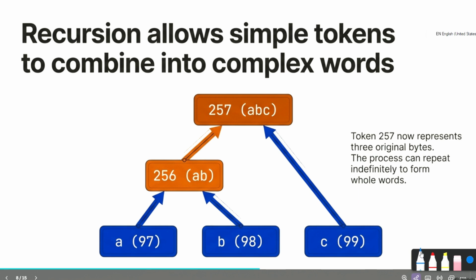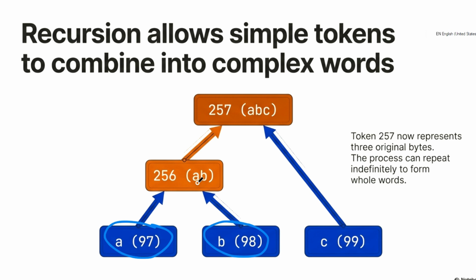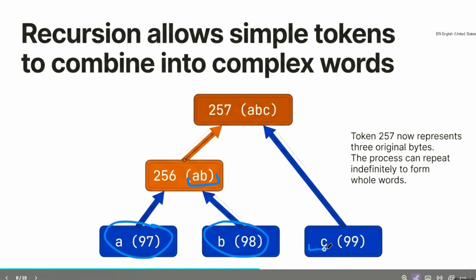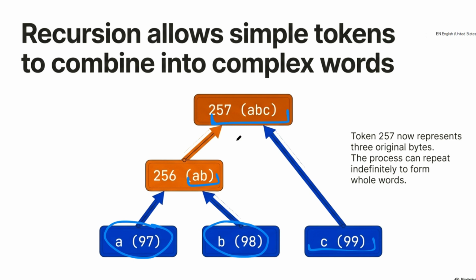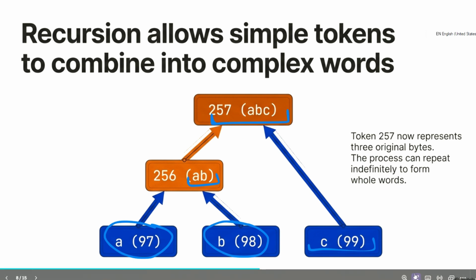Same example given here. This is how it works inside the recursion. Inside recursion, we saw A and B occurring together, we merged them into 256, and maybe the byte pair encoding algorithm saw that A and B and C are also occurring together a lot of times. So we merged them into a new token 257.